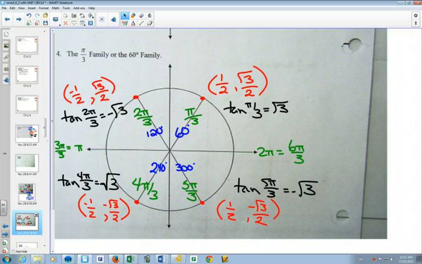Excellent. Pick someone for tan of 240. Justine. Root 3. Pick someone for tan of negative 60. Negative root 3, because negative 60 would be the same as 300, right?